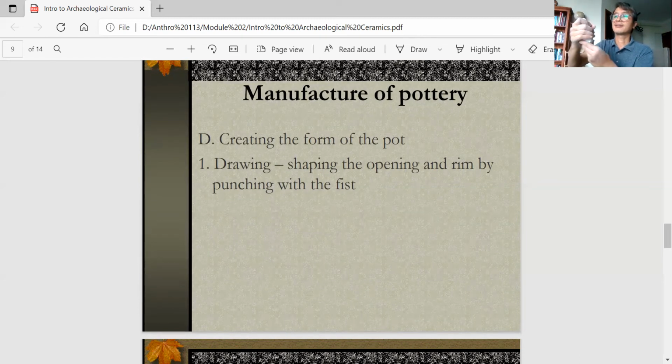Okay, paganyan, pahaba, or medyo ganyan, no? Medyo ovoid. And then I punch one side of it on top so that I could make a hole, no? The beginnings of the hole of the pot, no? The opening. Okay, so for example, ganyan, ano? So that is drawing.